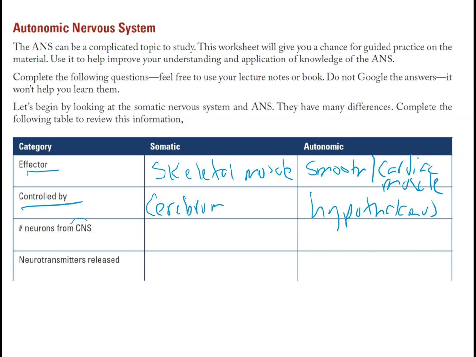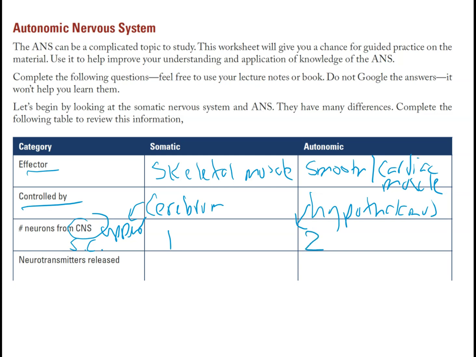Number of neurons from the CNS. Technically the brain is part of the CNS, so we know that they both have an upper neuron. One's coming from either the cerebrum or the hypothalamus. So let's ignore that and look at the number of neurons from the spinal cord. The lower neuron: somatic has one. It goes out the ventral root and goes right to the muscle.